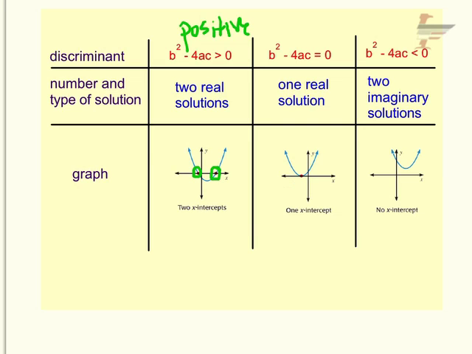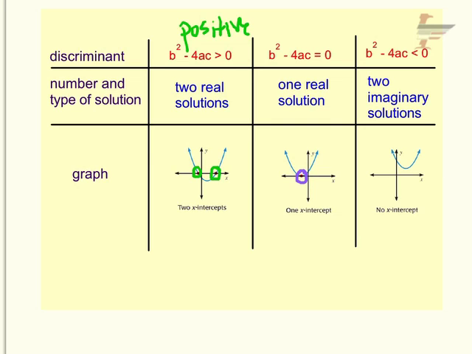If your discriminant is equal to 0, that means you're only going to have one solution, but it will be a real solution, so a real number. If you look at the graph, that means you're crossing the x-axis in only one spot because there's one solution, which means your vertex must be right on the x-axis.